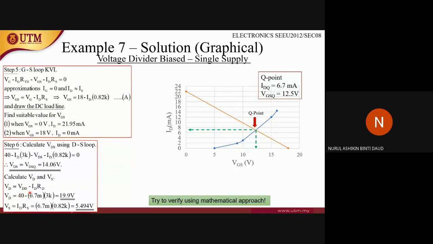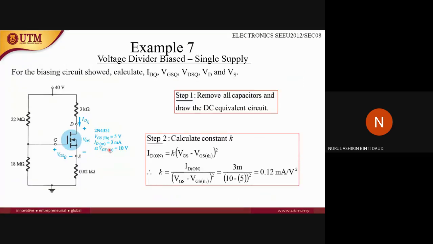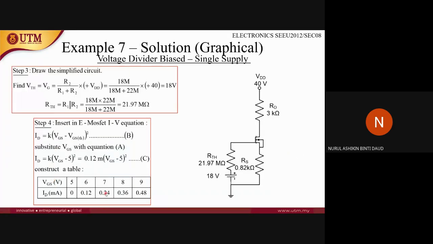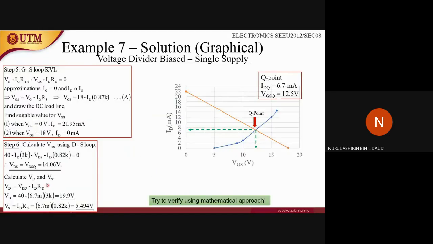So the value of ID: $40, minus the value of ID. Let's say you want to use 6.7. Where did we get 6.7? 6.7 at the Q point here. Times the resistor value, you will get the VD value. And then VS is here.